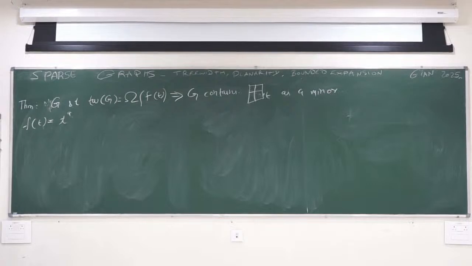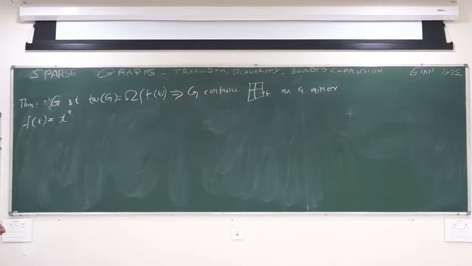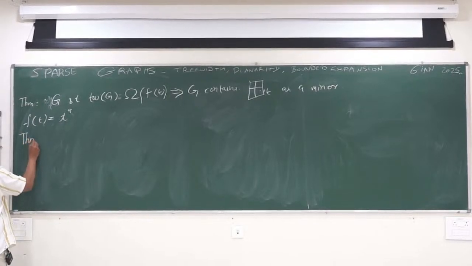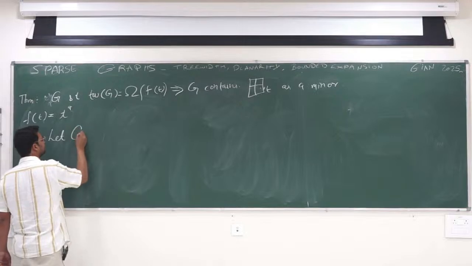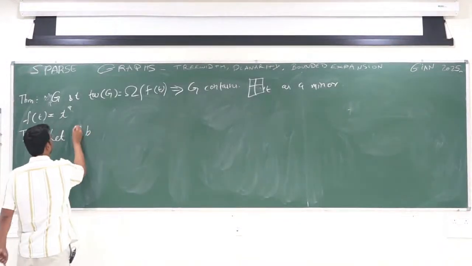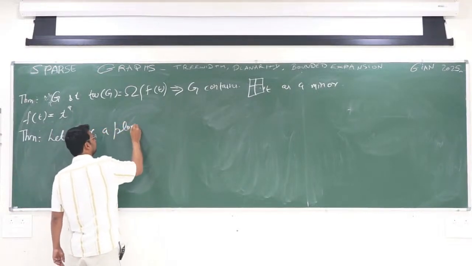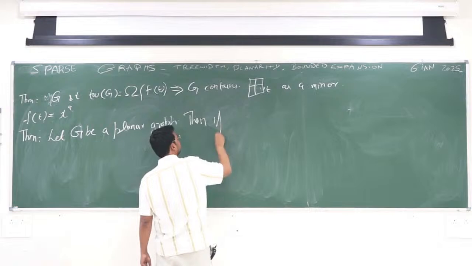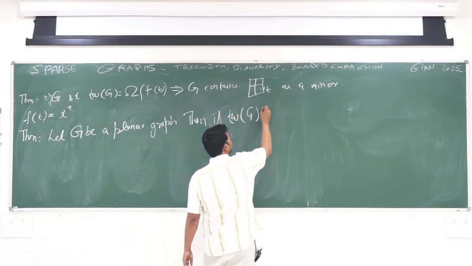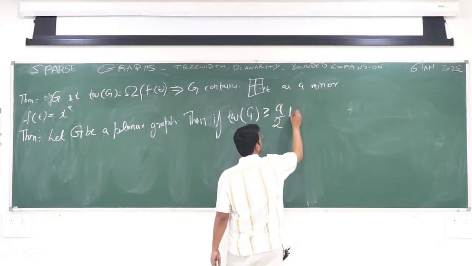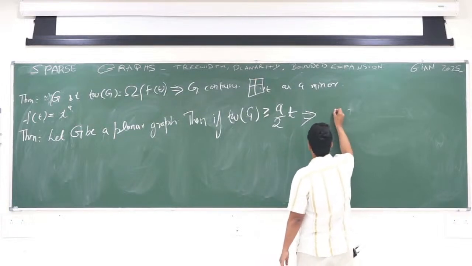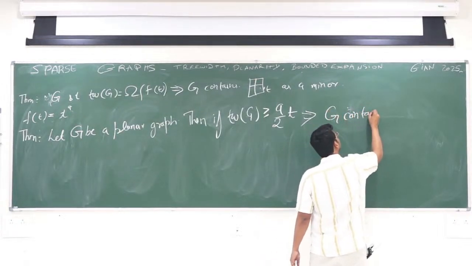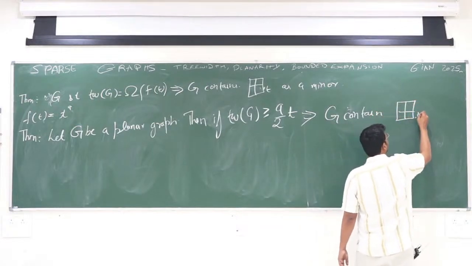And now what we have for planar graphs: let G be a planar graph, then if the treewidth of G is greater than or equal to 9/2 p, then G contains the p by p grid as a minor.